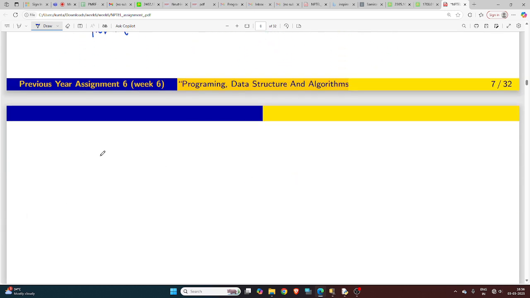So for the case of max heap, the value of the root should be greater than the value of the parents as well as these branches. Let's say I have 20 here.